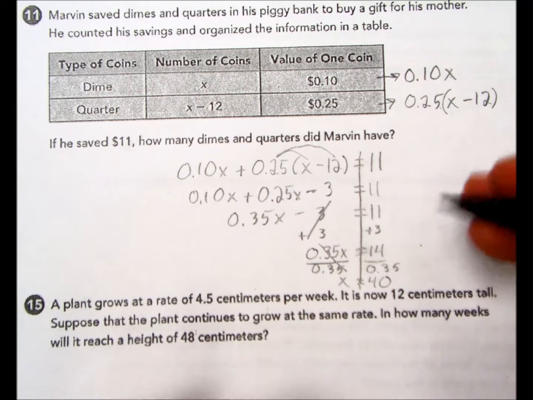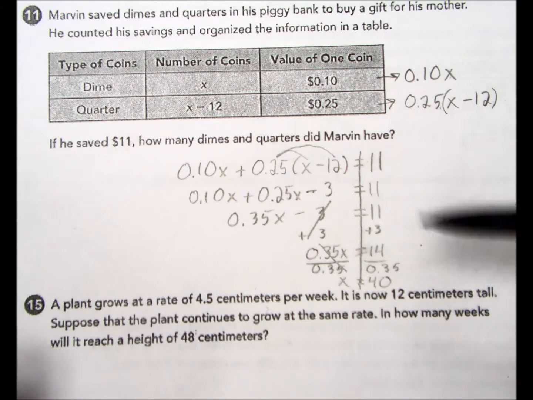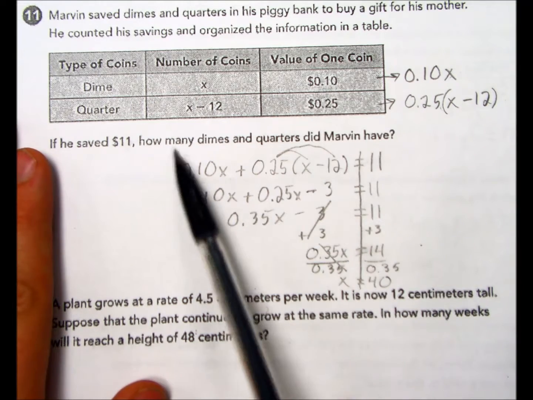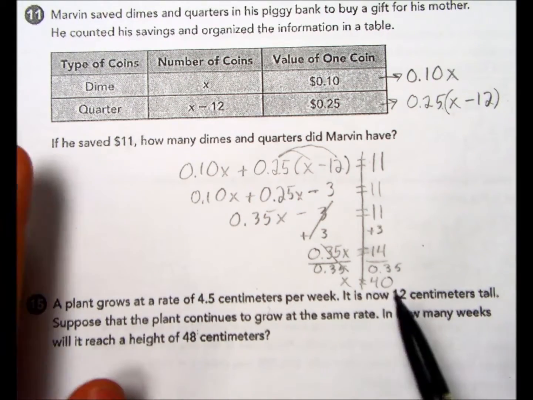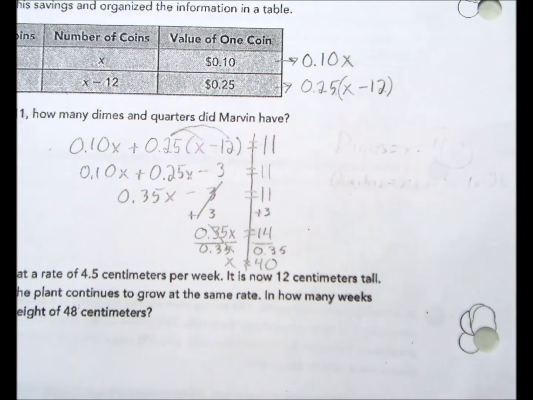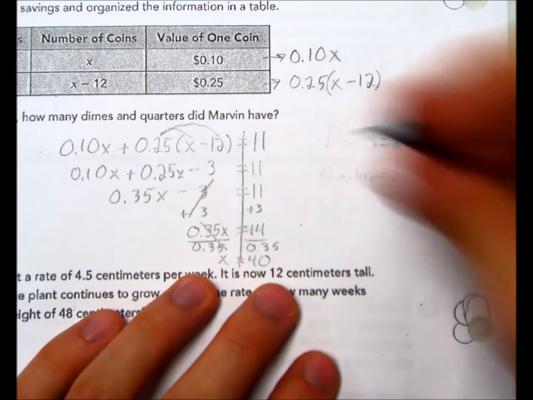Okay, great. Now we have to ask ourselves if we're done. Most problems, when you get x, you think, yeah, you're done. But let's look at the question. It says, how many dimes and quarters did Marvin have? Well, x just represented the amount of dimes. Okay, so to finish this problem off, we have x equal to 40.